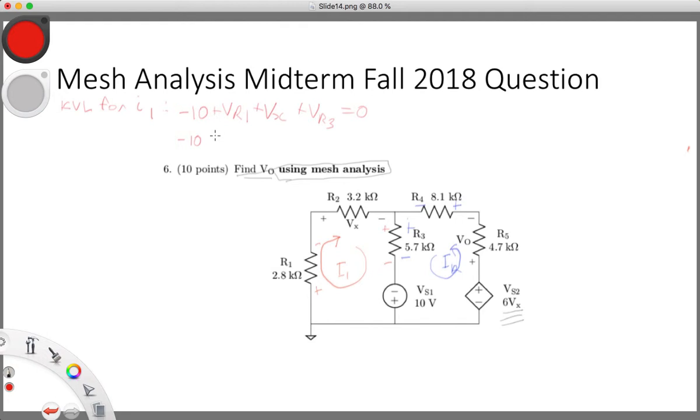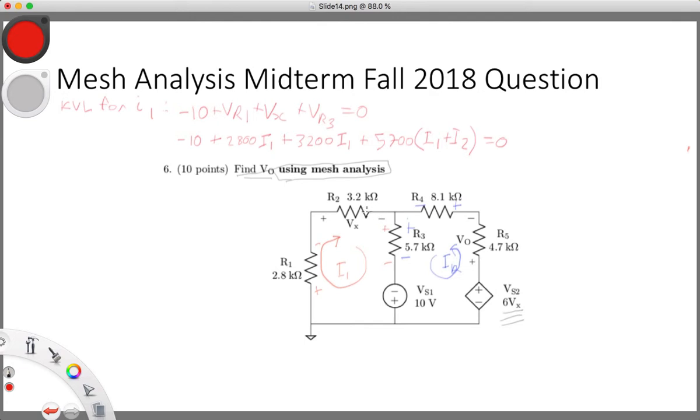So now let's write that out in terms of the mesh currents. That's going to be minus 10 plus 2800 I1 plus 3200 I1, right? 3200 times I1 is R2, plus 5700 times I1 plus I2. And that equals 0.